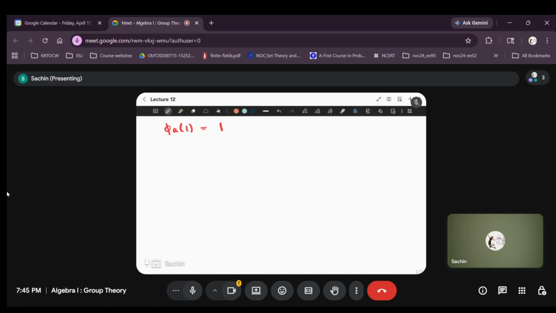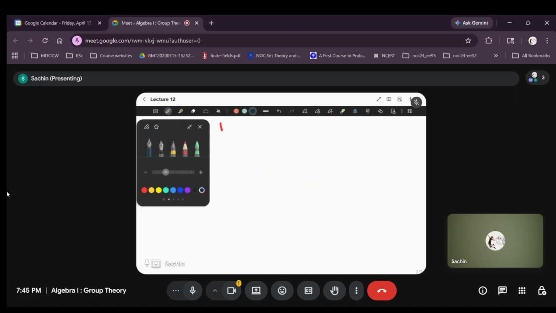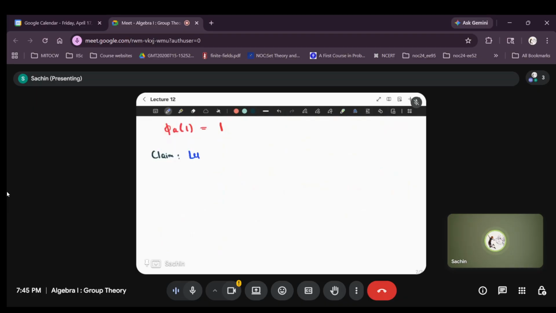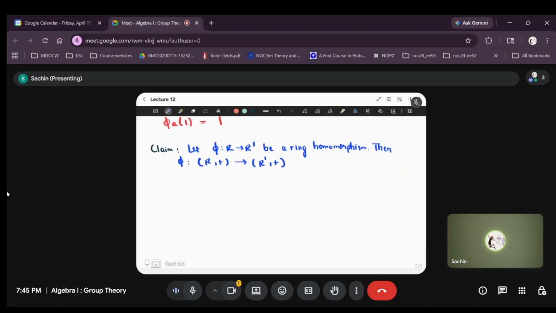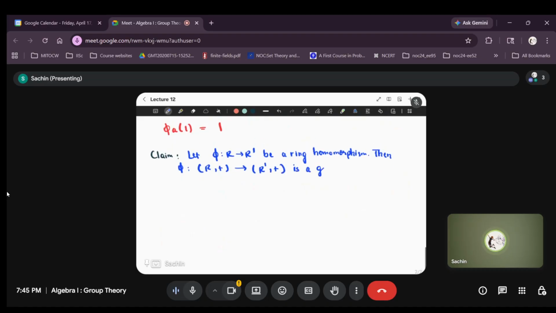So before that, I claim that: let phi from R to R dash be a ring homomorphism. Then phi from R plus to R dash plus, considering only the plus operation, is a group homomorphism.